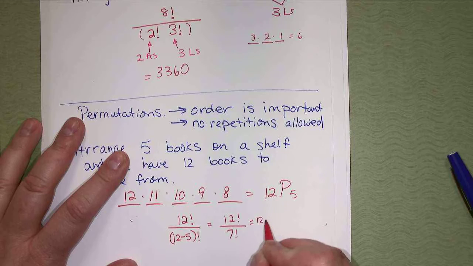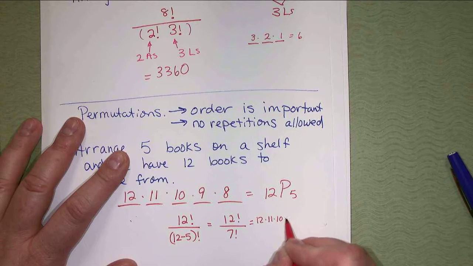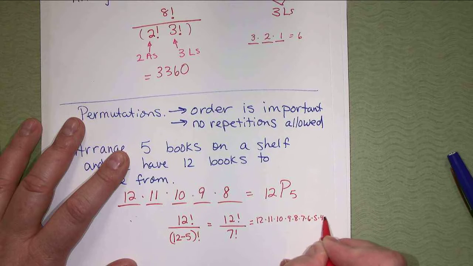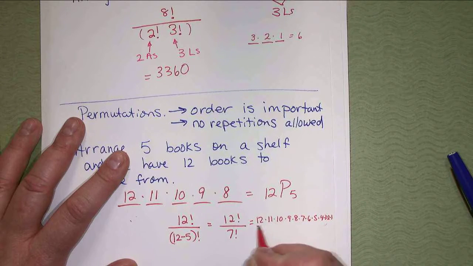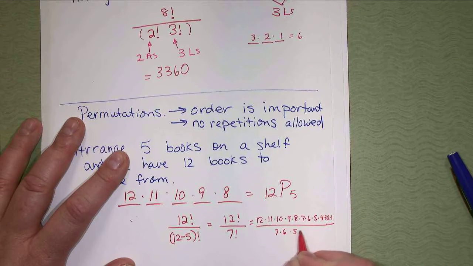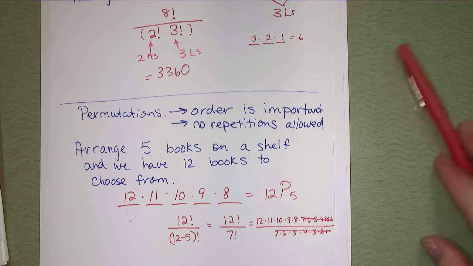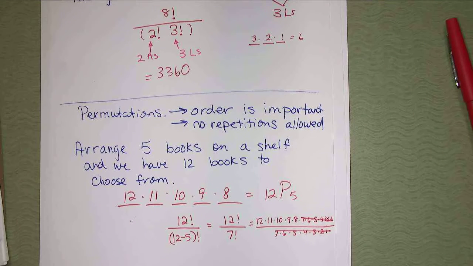This goes 12, 11, 10, 9, 8, 7, 6, 5, 4, 3, 2, 1. And this is 7, 6, 5, 4, 3, 2, 1. It leaves us with what we wanted. So that's why there's a division in there. If you were arranging all 12, the division would be by 0 factorial, which is 1, so it wouldn't be taking anything off. So that's what the permutation is.